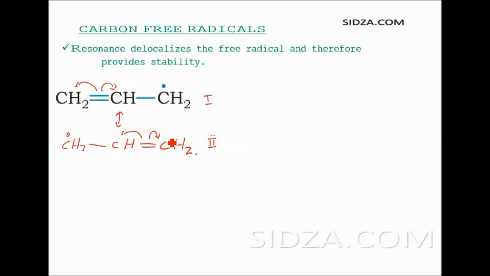We can also see for the benzyl free radicals. Again here the homolytic bond fission will occur, 1 electron goes here, and you can draw a canonical structure like this, right? For this one, it will be a double bond here, right? And a free radical will be here, and you have a double bond here and here.